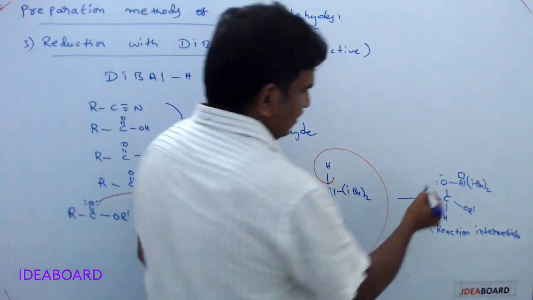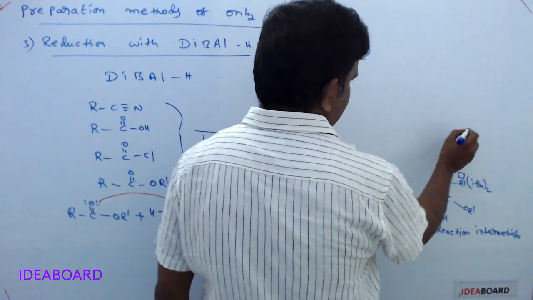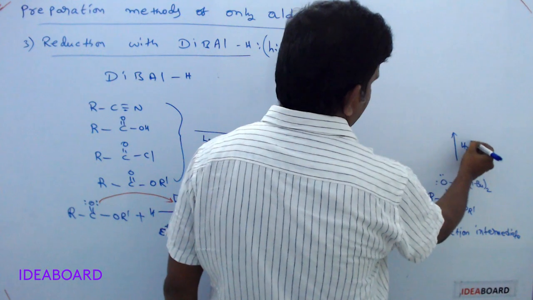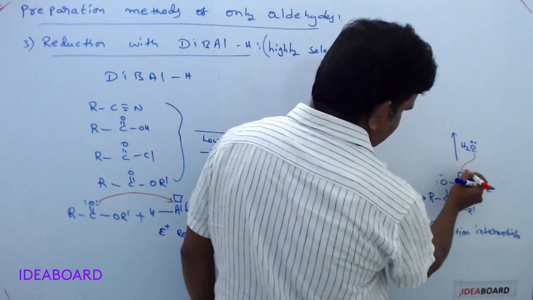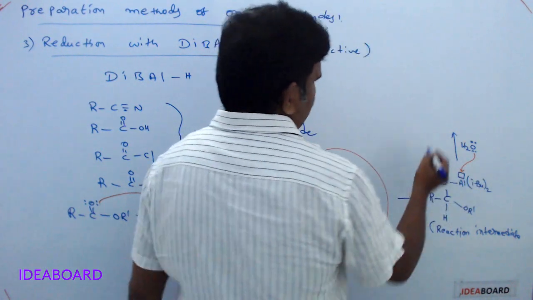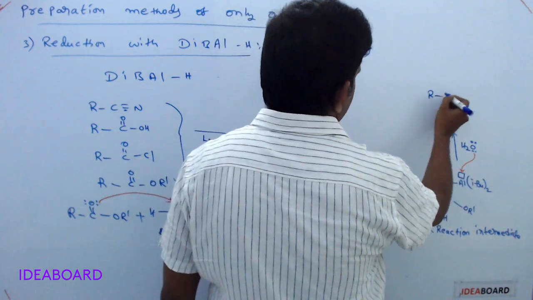Please see here, I am writing upward. The water molecule is attacking, and this pair of electrons attacks this vacant orbital. So what is happening?